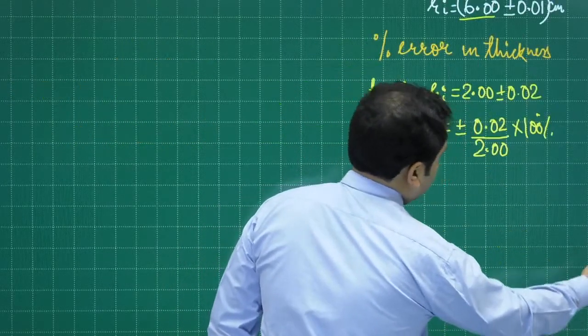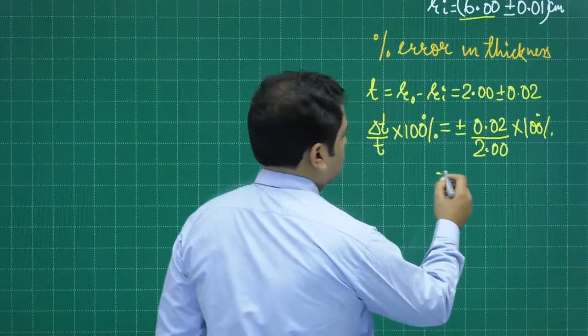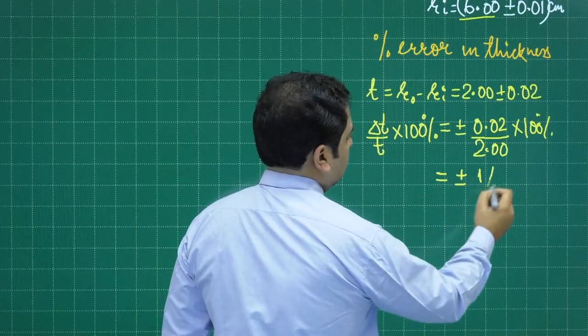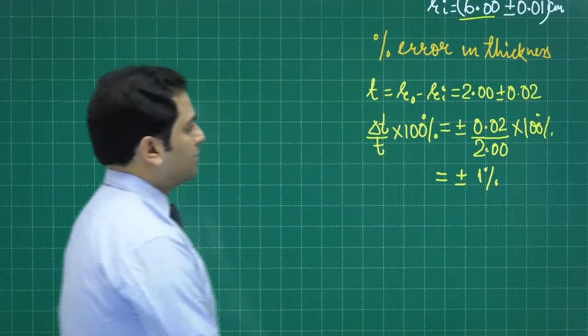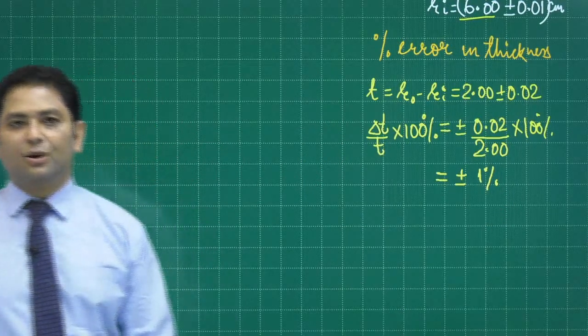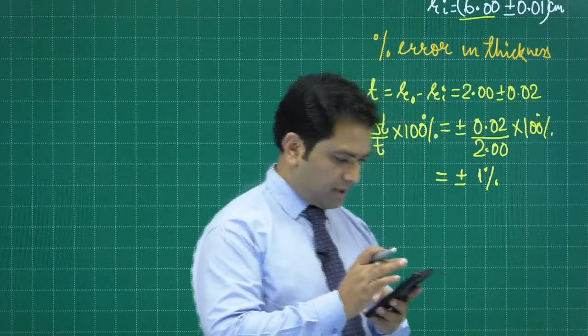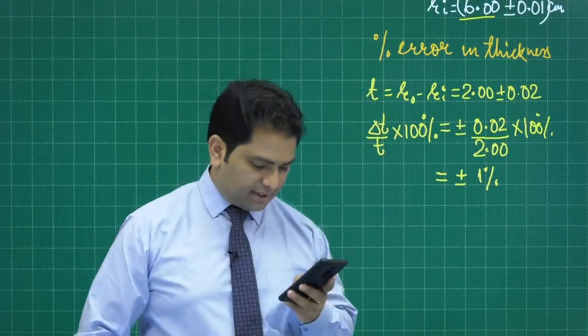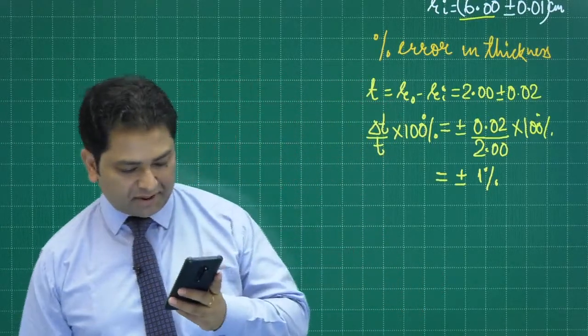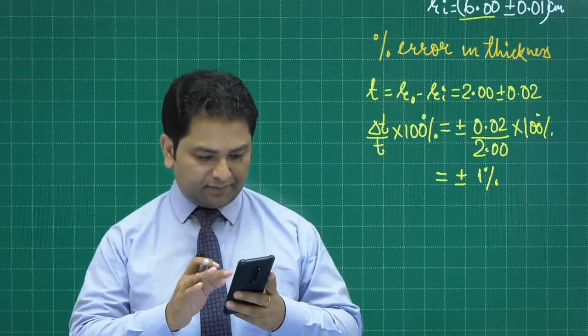That is not a tough task. So that is going to be plus minus 1%. So that will be the thickness within its error limit. Ravi, 1%, great. Yuva, 1%, wonderful.